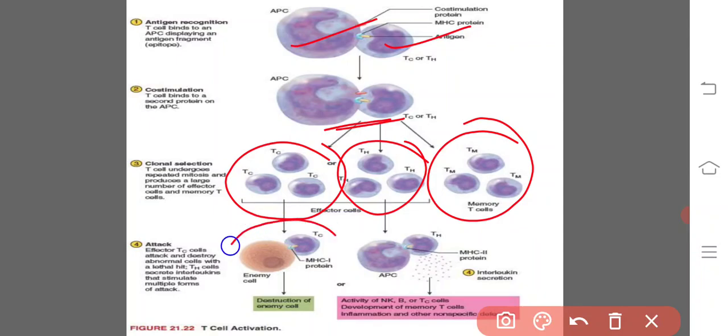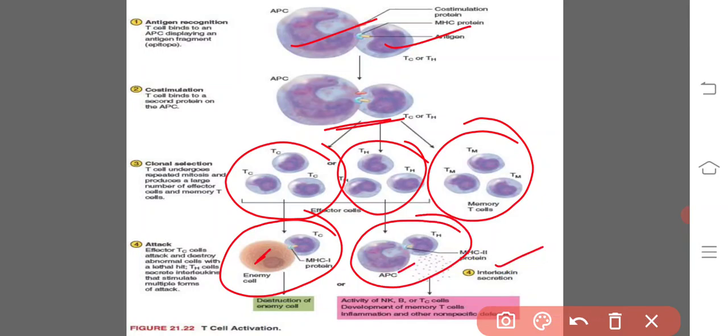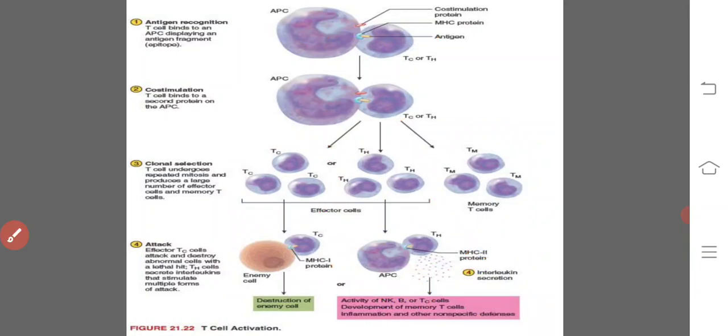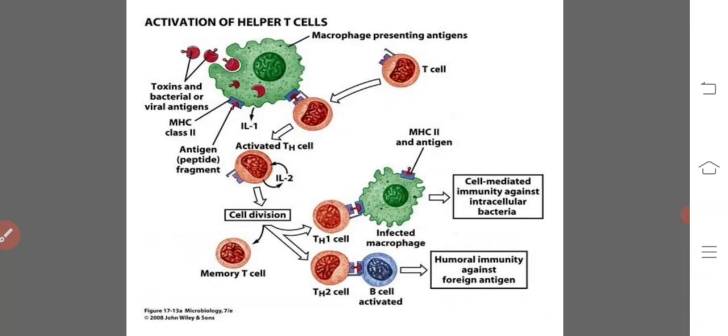So these cytotoxic T lymphocytes may kill the target cell, and here the T helper cell interacts with the antigen presenting cell and secretes interleukins that may activate the natural killer cell, B lymphocyte, or cytotoxic T lymphocytes. So in this process, the T helper cell plays a major role. So here we will observe the activation of helper T cells.